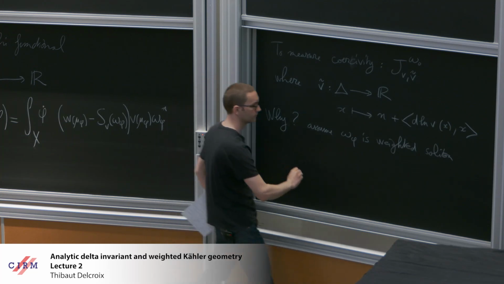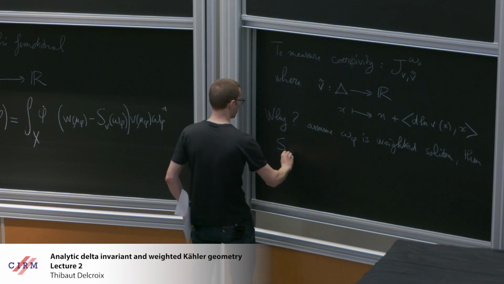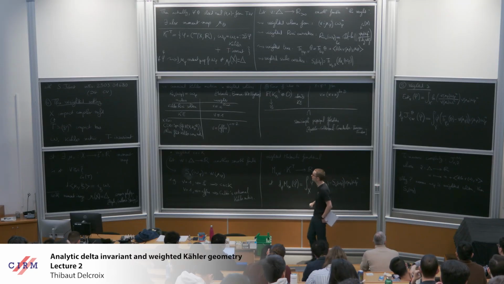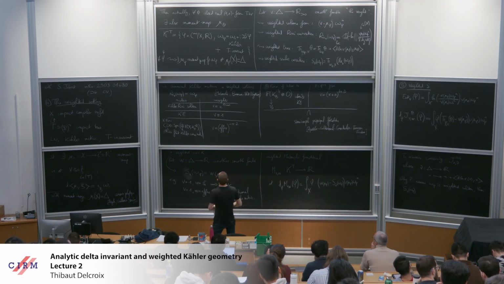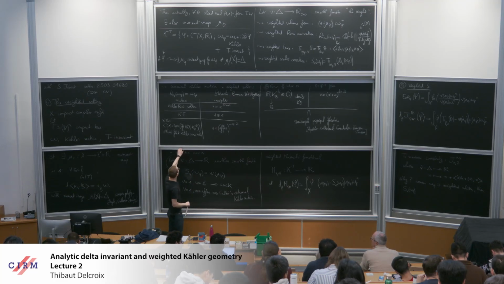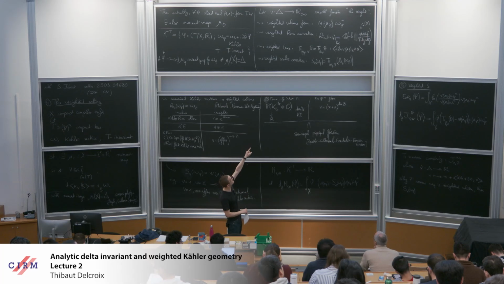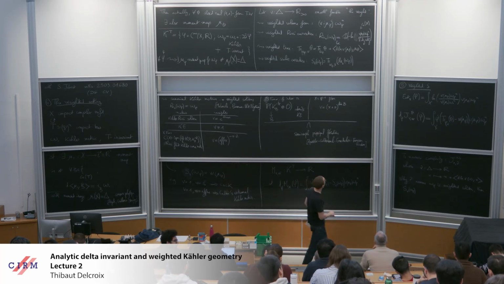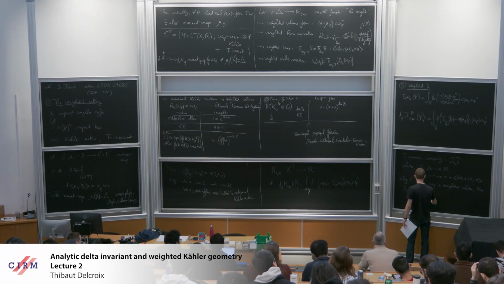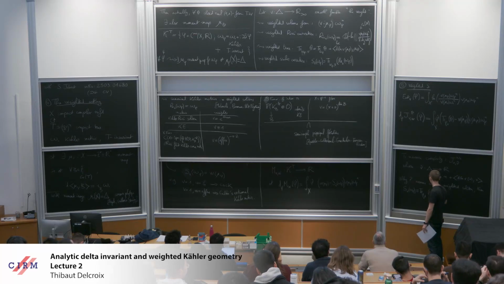Then if I look at the weighted scalar curvature of omega phi, and I have my soliton equation there and the definition of the weighted scalar curvature over there, then this is equal to the weighted trace of omega phi itself.